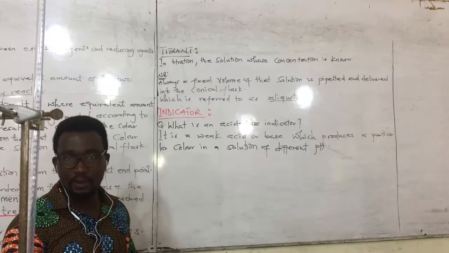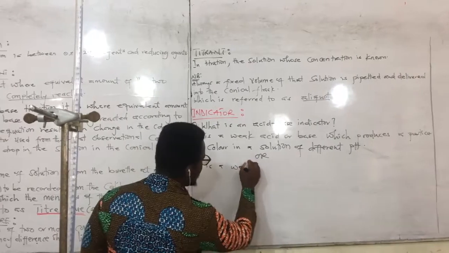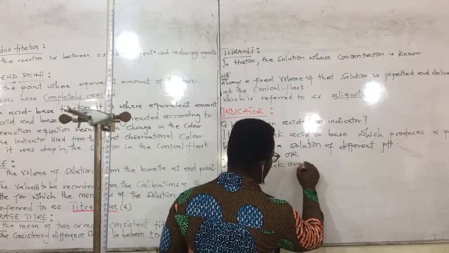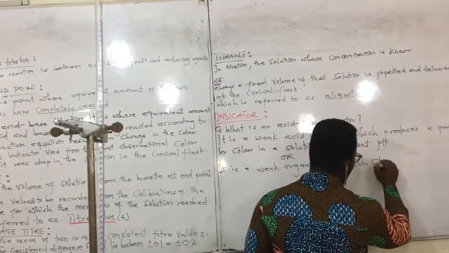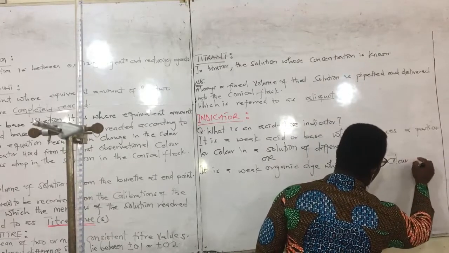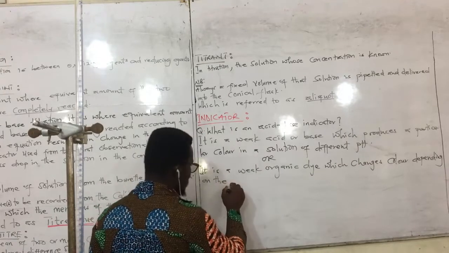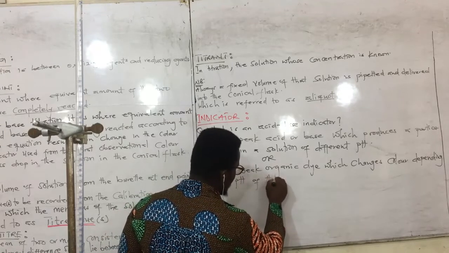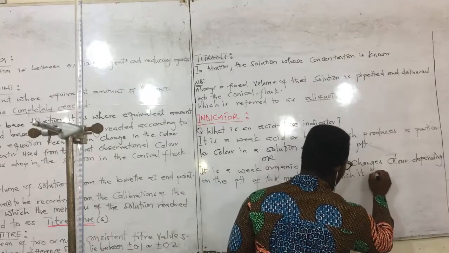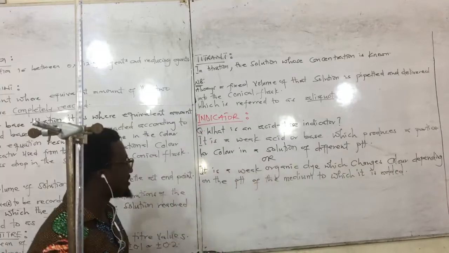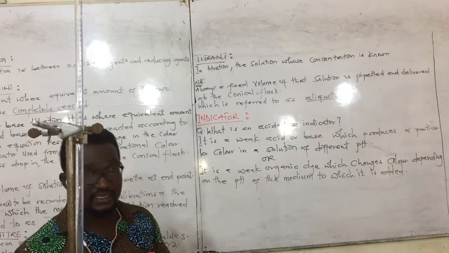So that is a definition for acid-base indicator. Or, it is a weak organic dye which changes color depending on the pH of the medium to which it is added.